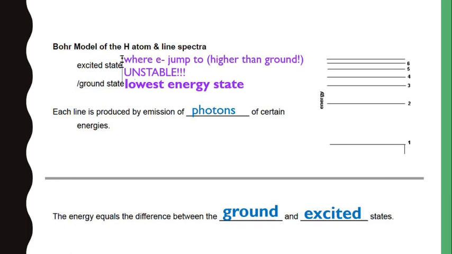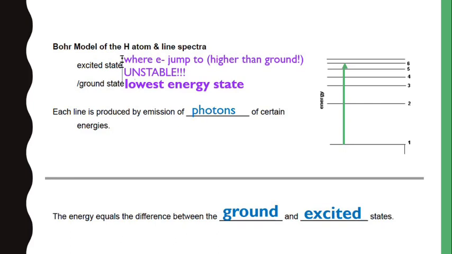So the process goes like this. When we put an atom in our flame test into the fire, the electrons, either the one electron or more likely all of the electrons in that atom, are going to get excited to a certain degree. To keep this simple, I'm just showing an electron getting excited from its ground state in the first energy level up to the sixth energy level.